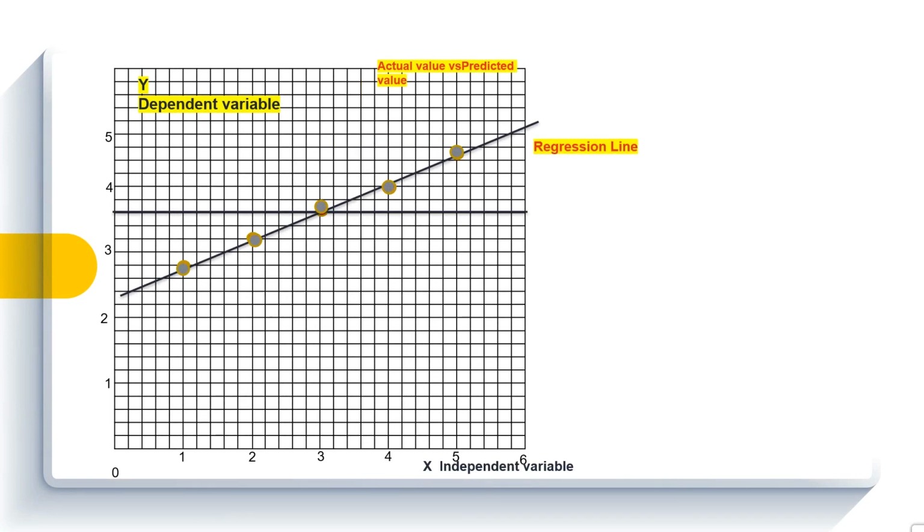If you get a very low value of R-square, suppose 0.02, then the actual values are very far away from the regression line, or you can say there are too many outliers in your data. You cannot draw any conclusion from the data. So this was all about the calculation of R-square.